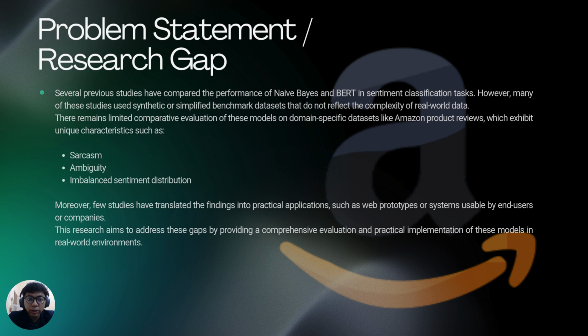There remains limited comparative evaluation of these models on domain-specific datasets like Amazon product reviews, which exhibit unique characteristics such as sarcasm, ambiguity, and imbalanced sentiment distribution. Moreover, few studies have translated the findings into practical applications such as web prototypes or systems usable by end users or companies.